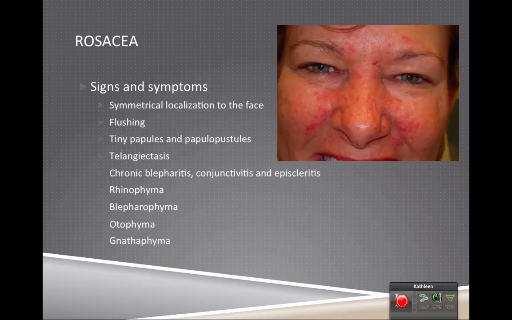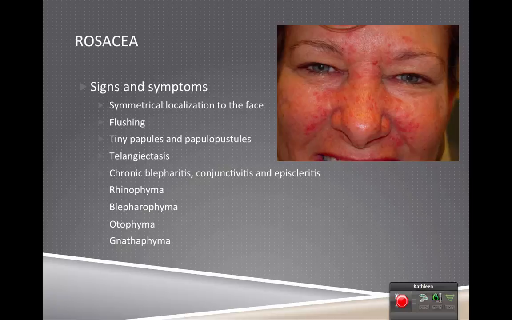Signs and symptoms: you see symmetrical localization on the face, flushing, tiny papules, and papules with small pustules. Again, you have telangiectasia, chronic blepharitis, conjunctivitis, and episcleritis, which is an often benign and self-limiting inflammatory disease affecting the eye.